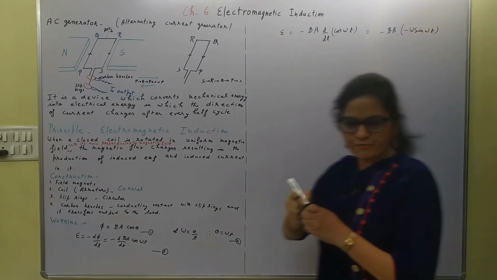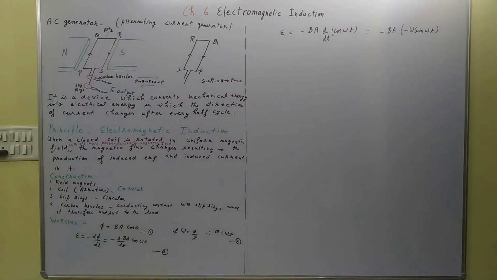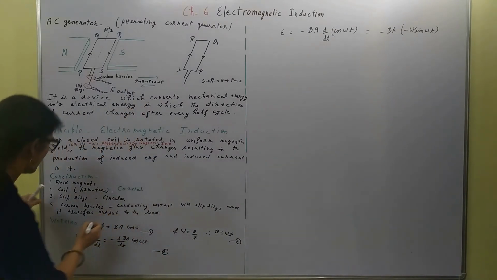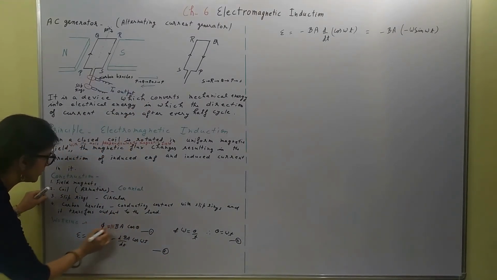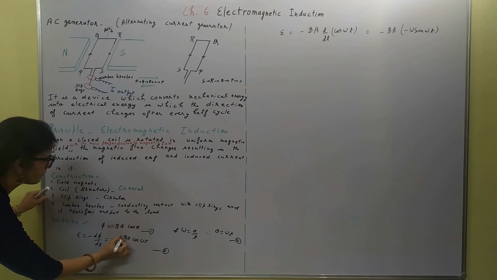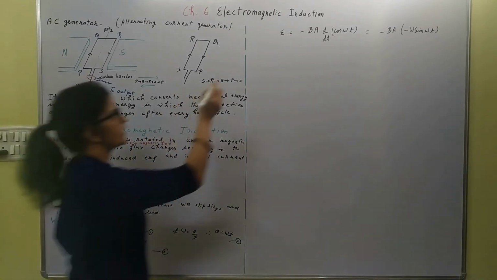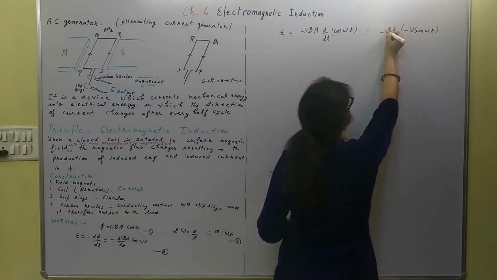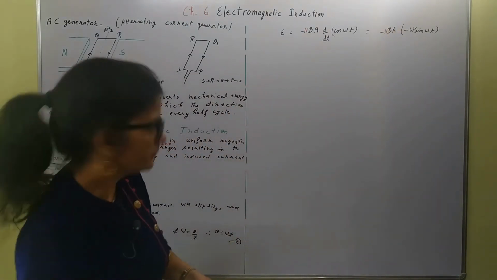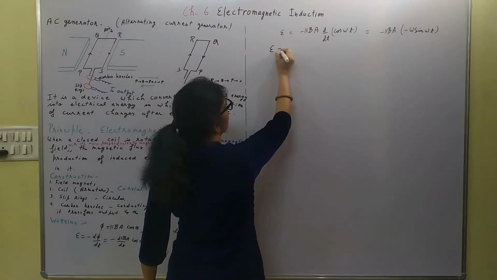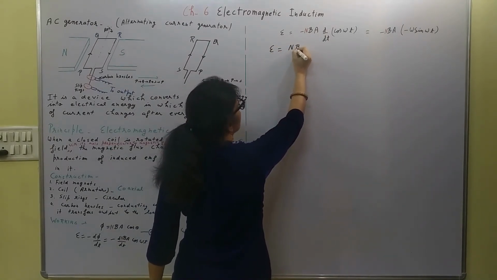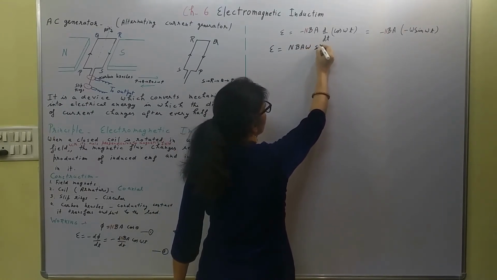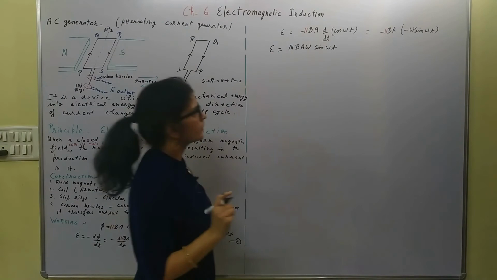And how many number of turns are there in the coil? Suppose n number of turns are there in the coil, then I will multiply by n for the total flux. So this n has to be taken out. So what our formula becomes? This EMF is equal to n b a omega sin omega t, right?